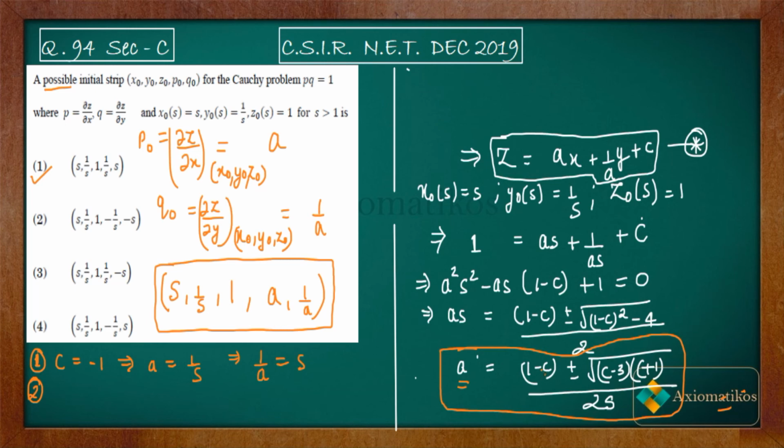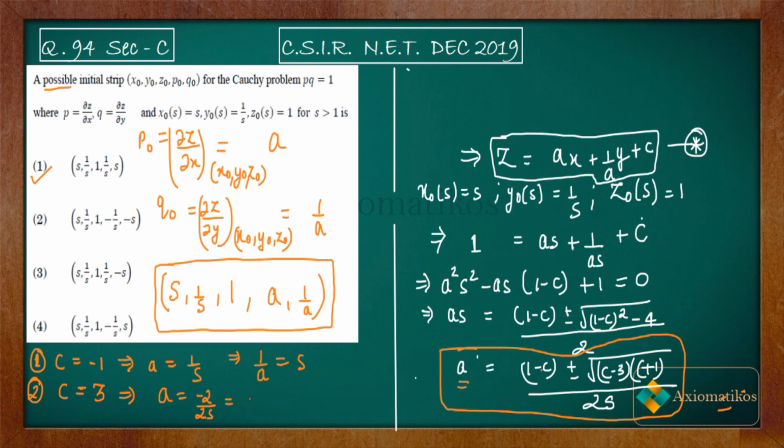If we place c equal to 3, you will get minus 2 from here, and the term under the square root will be 0, so you will get minus 2 by 2s.